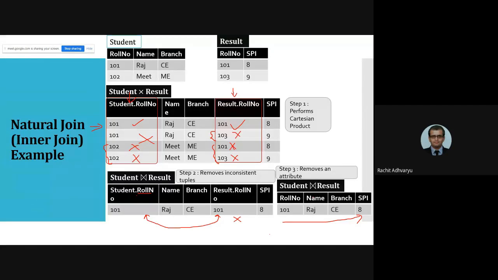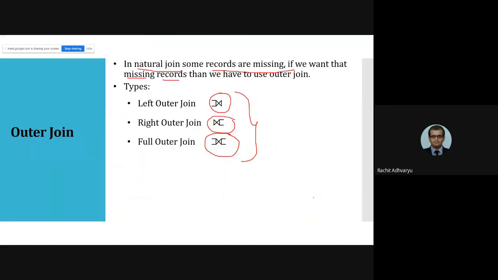So if a natural join cannot provide such results, we can still display that data using these 3 types of joins. So that is why, if you want to display some missing records, we can use these 3 joins: left outer, right outer, and full outer.